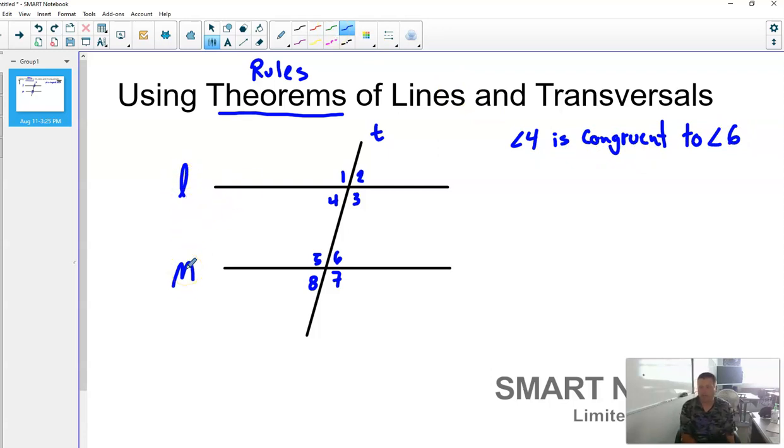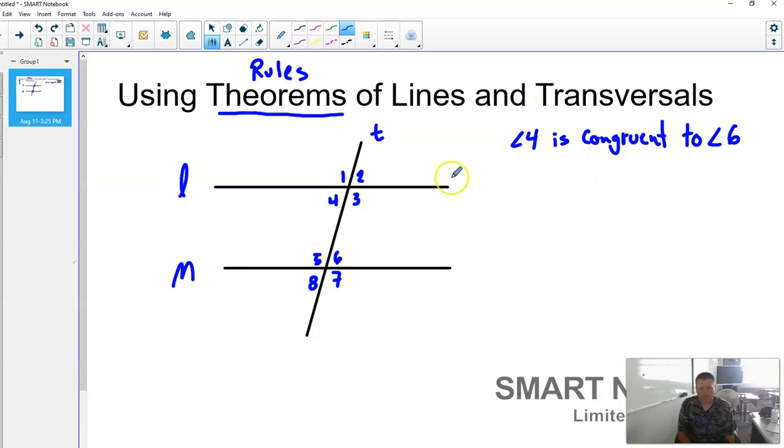That's what we're looking for. So the question is, if angle 4 is congruent to angle 6, is that enough information for us to know that L and M are parallel to each other? And the answer to that question is yes.